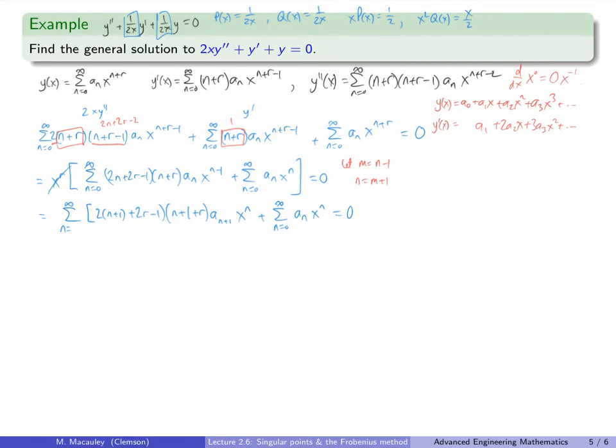Again, that goes away because the derivative of x to the 0 equals 0 times x to the minus 1, and so forth. However, if we have a generalized power series, now in this case we have something like this. We have y of x equals, suppose r is 1/2. So then we have a naught x to the 1/2 plus a1 x to the 3/2 plus a2 x to the 5/2 plus etc. Now if we take a derivative, that first term is 1/2 a naught x to the minus 1/2.